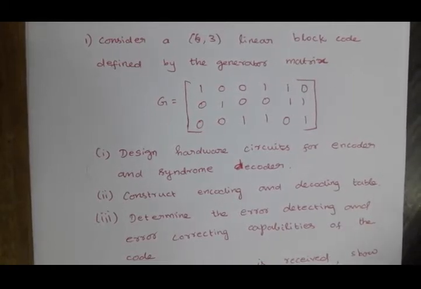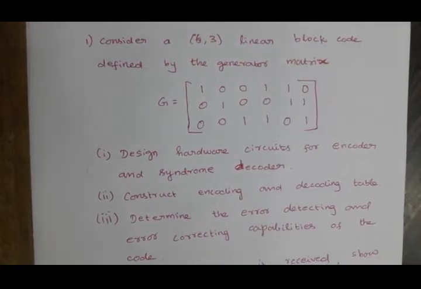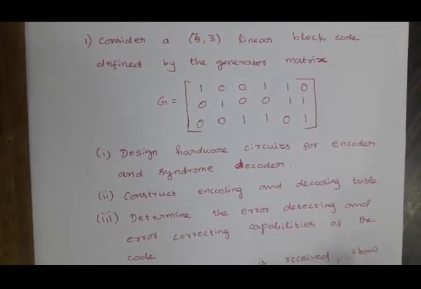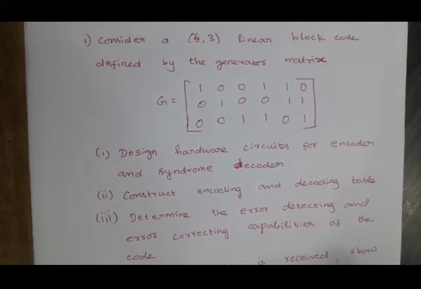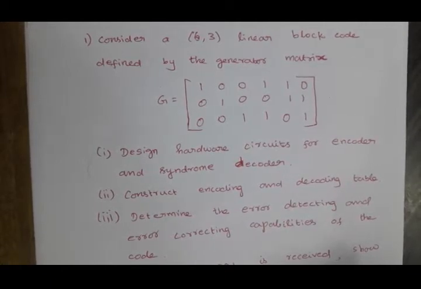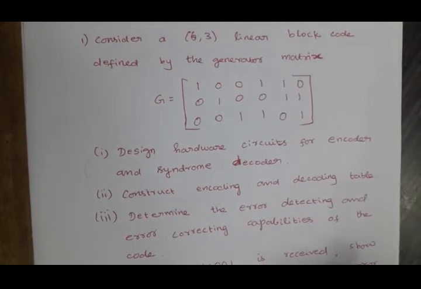In that problem, a 6,3 linear block code is being generated by a generator matrix G, and we have to design the hardware circuit for the encoder and syndrome decoder. Also, we have to construct the encoding and decoding table. We have to determine the error detection and error correction capabilities of the code.